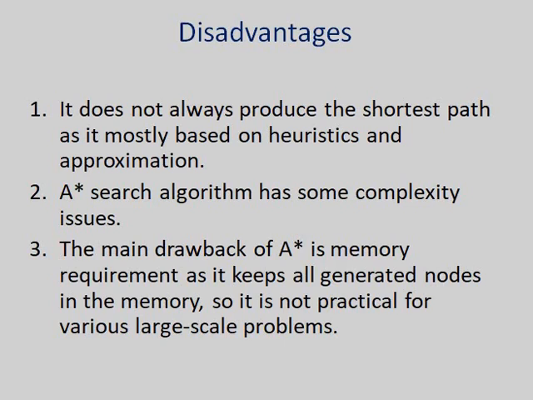The second disadvantage is that it has some complexity issues. And third, the main drawback of the A star algorithm is the memory requirement. As it keeps all the generated nodes in memory, it is not practical for various large scale problems.